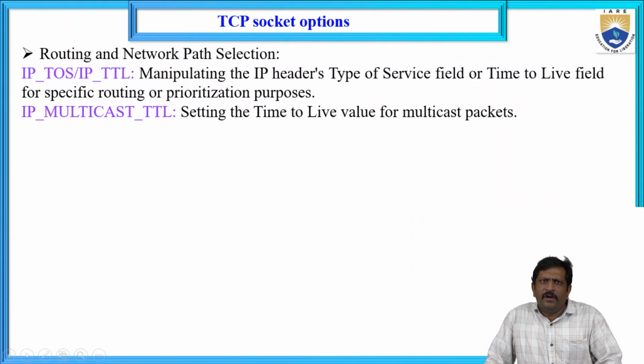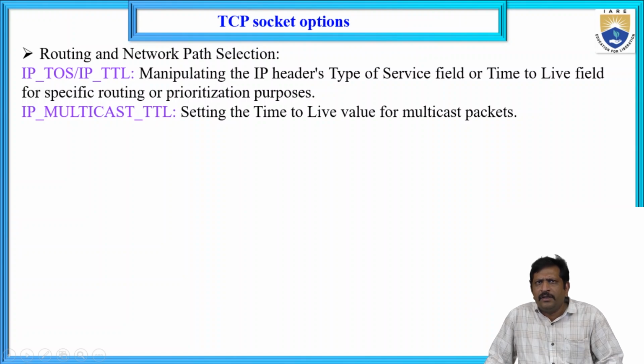Next application is routing and network path selection, which is very important. By routing and network path selection, we can optimize the solution.